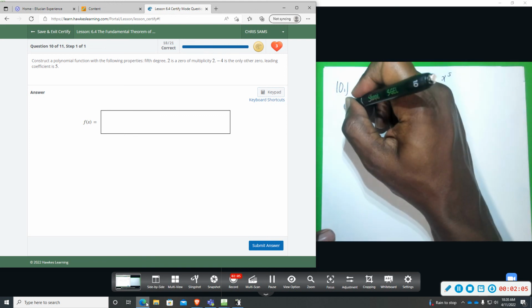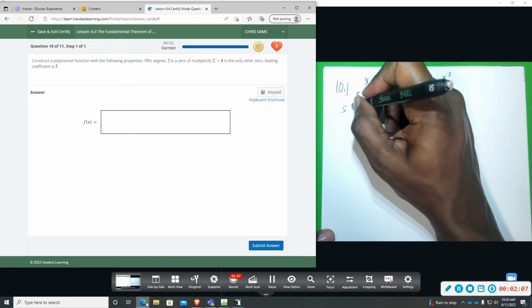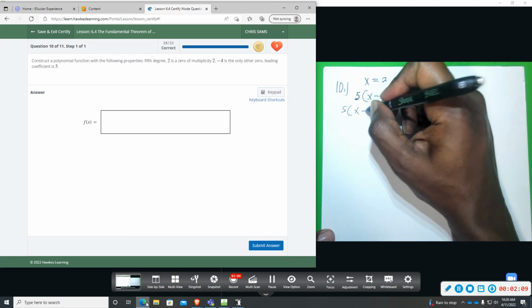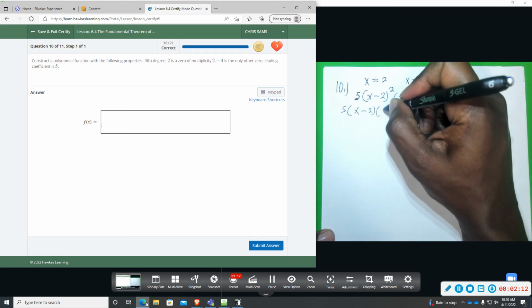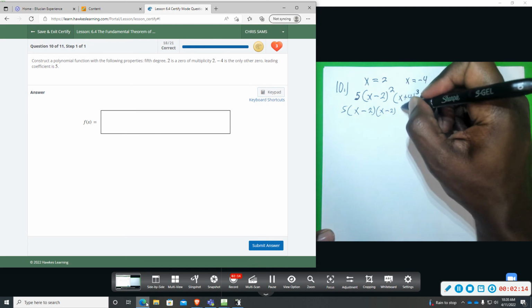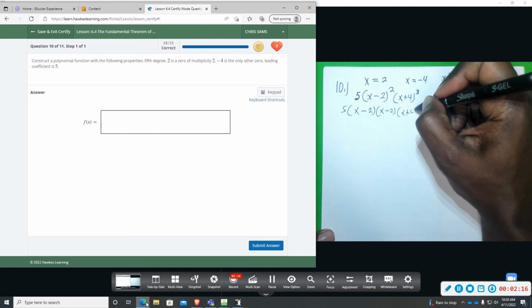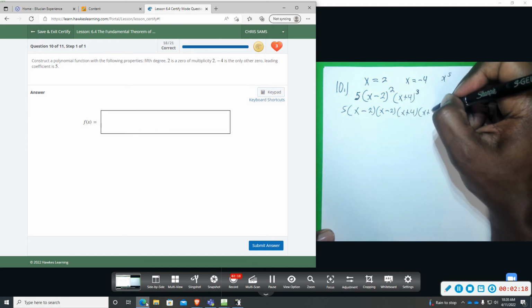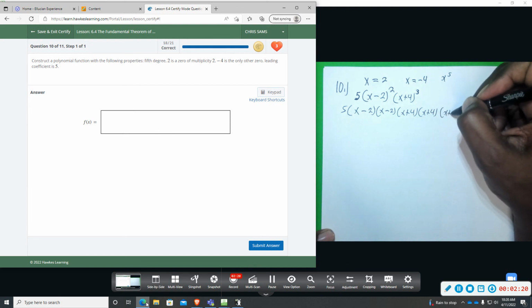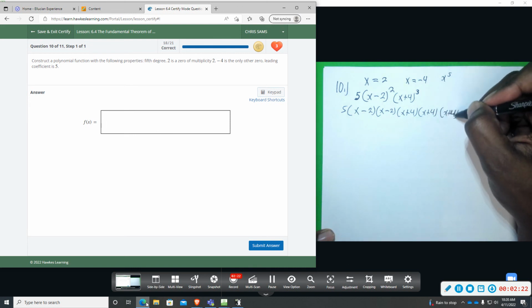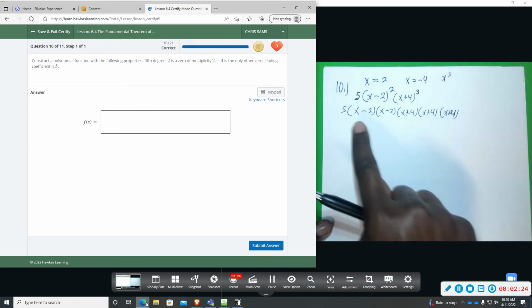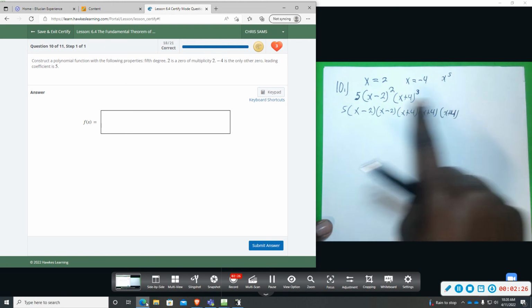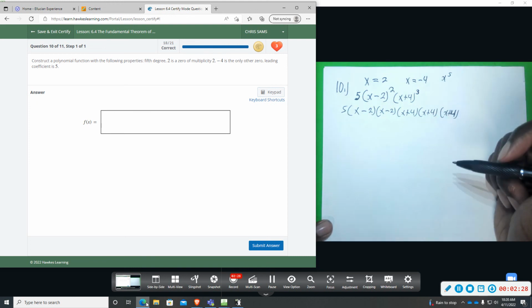So there are little foiling shortcuts, but just to keep it simple, I'm just going to write it all out, and we'll do it one step at a time. I'm just writing down each linear term one at a time, and I'm going to go through and FOIL them all together, and then I'm going to multiply everything by 5 at the end.